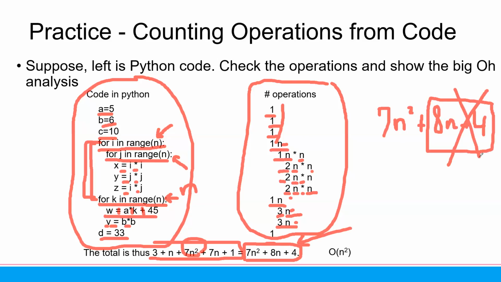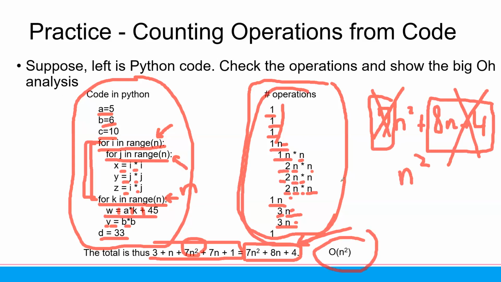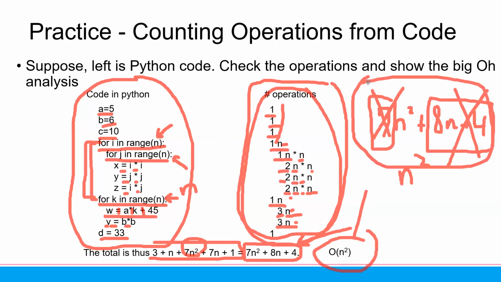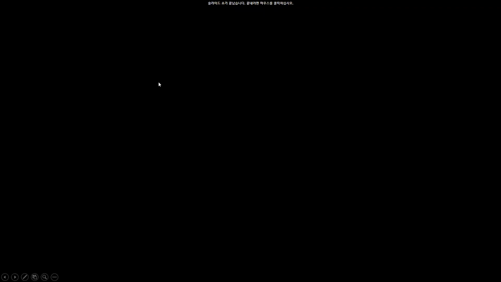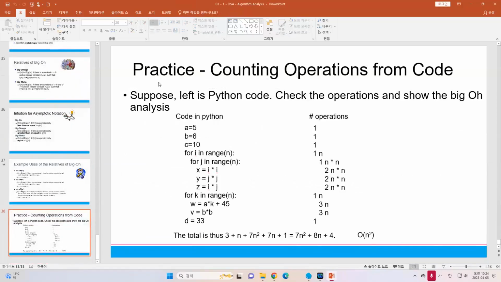We don't need this one, and we can just disregard the constant. Then the result will be n². So regardless of these operations, you can immediately say that this is O(n²). You don't need to work out the details of these operations. Okay, so that's about the algorithm analysis.